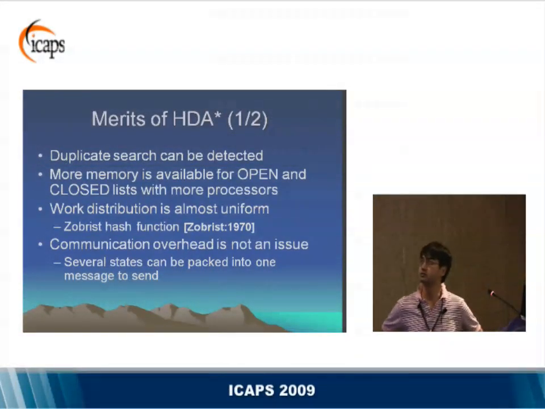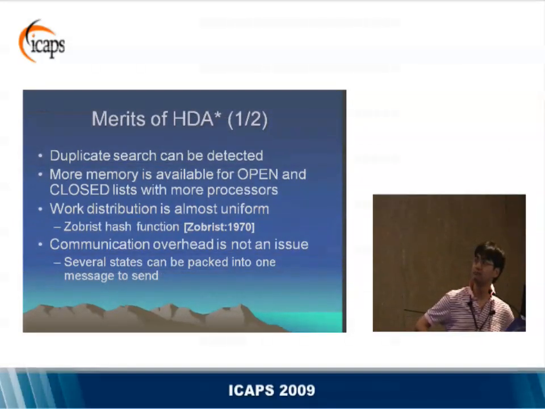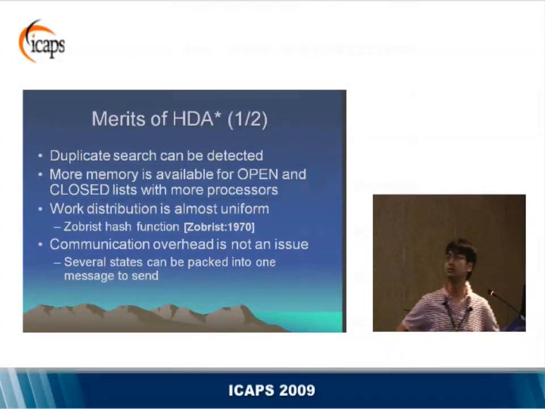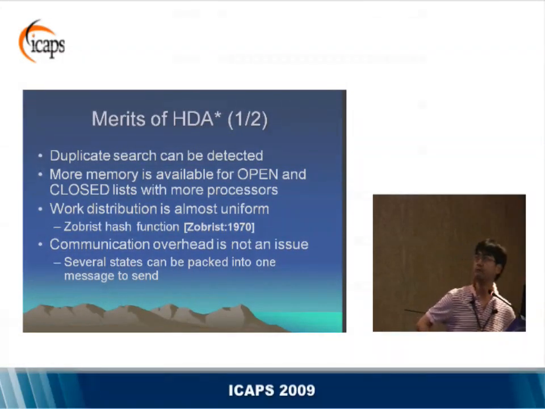There are several benefits to this idea. One is that we can avoid duplicate search, as I explained. Another is that we can use more memory for the open and closed lists as we have more processors.